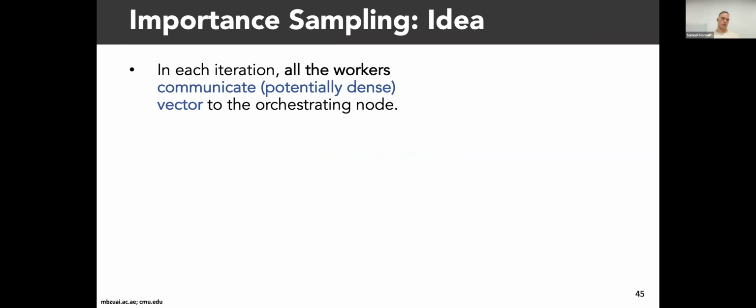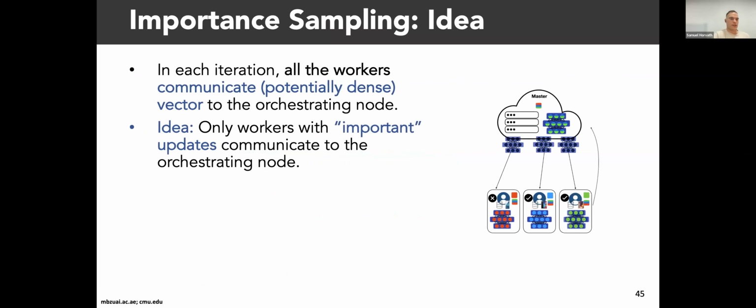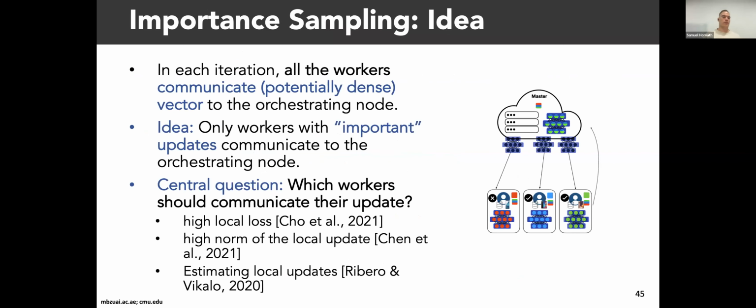Okay, and the last thing that I mentioned for how to cope with the communication bottleneck is importance sampling. Here again, the idea is that only workers with important updates communicate to the orchestrating node. And the question is which workers should communicate their update.